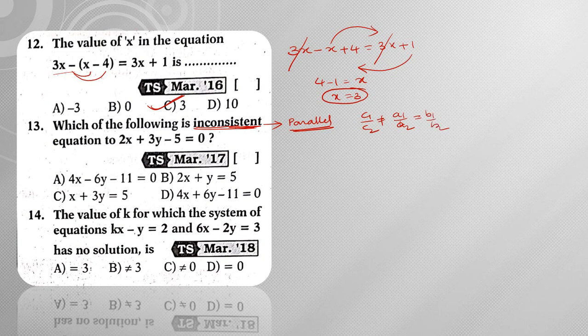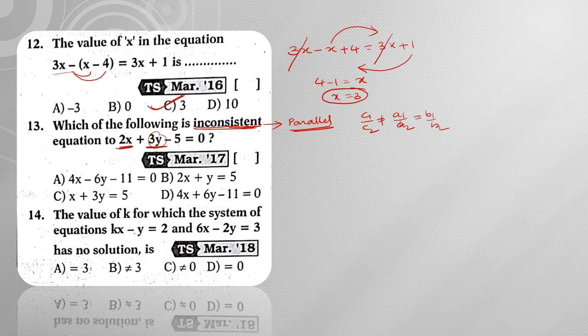Now if you observe, 2, 3, here 2 2s are 4, next 3 2s are 6, next 5, so here we are having 11, so 5 2s are 10, but here he has given 11, so clearly 2 by 4 is... Now if you observe carefully, here we are having 2x plus 3y.